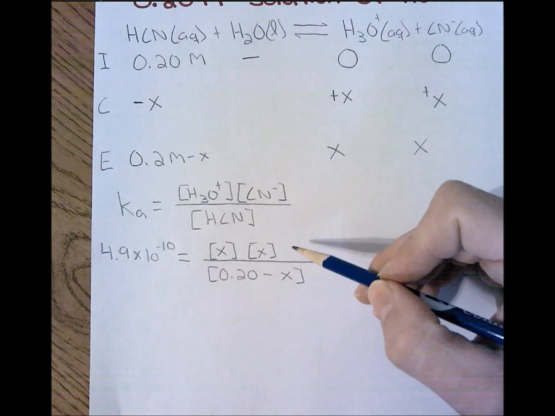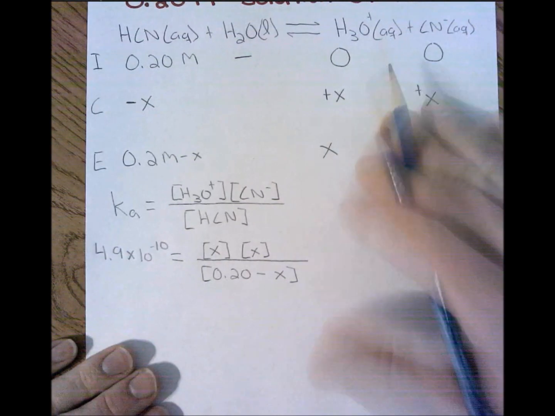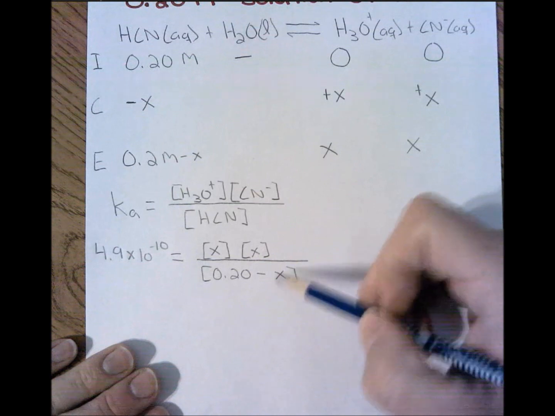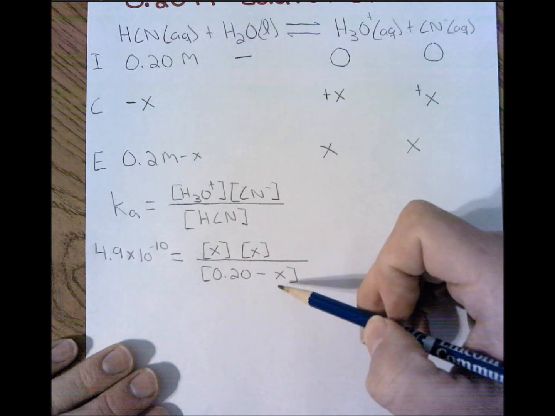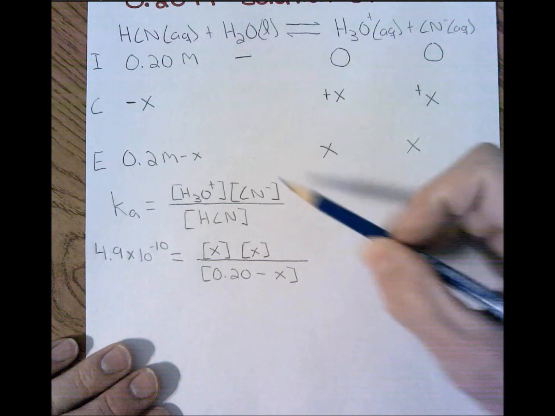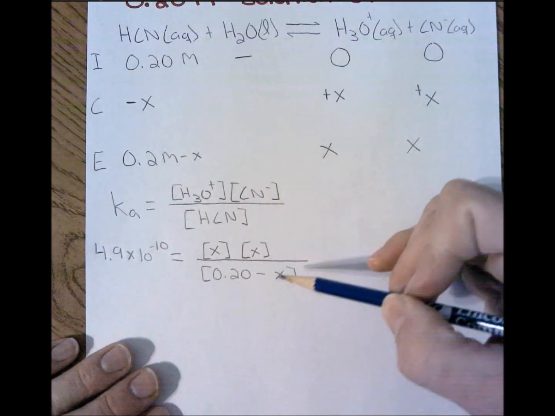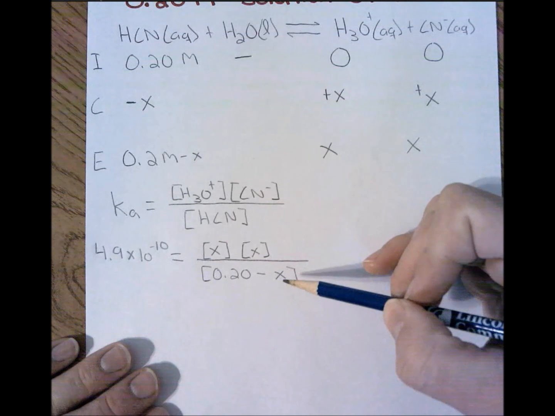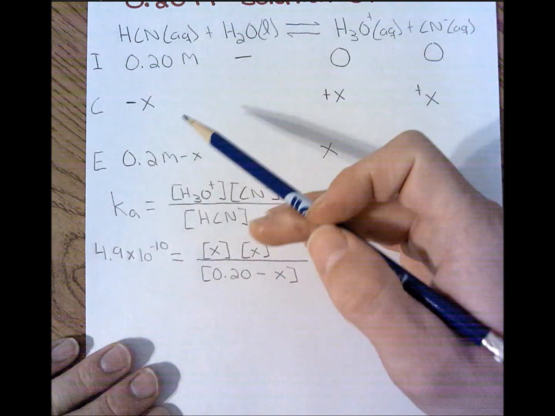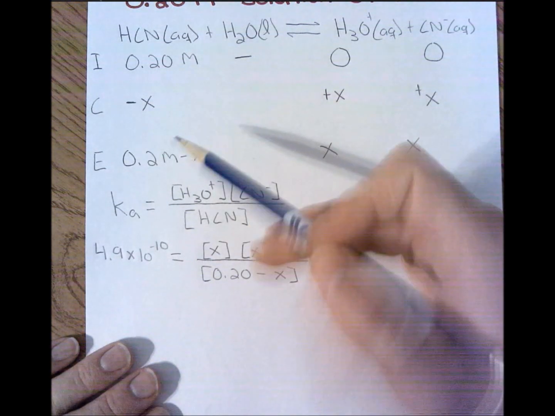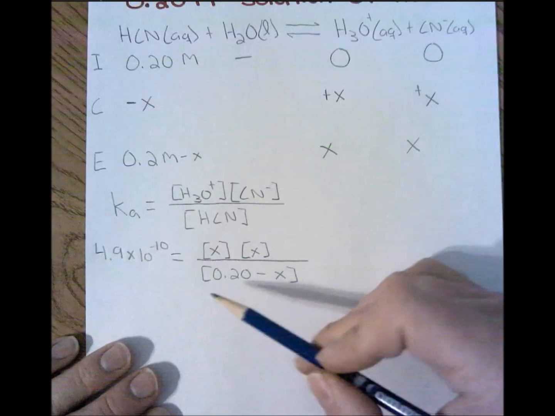Now, remember from the last problem, this subtraction here was really, really small. So what we can do to avoid the quadratic is make an assumption. Always write down your assumptions.